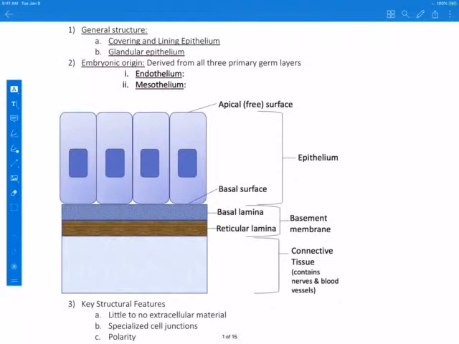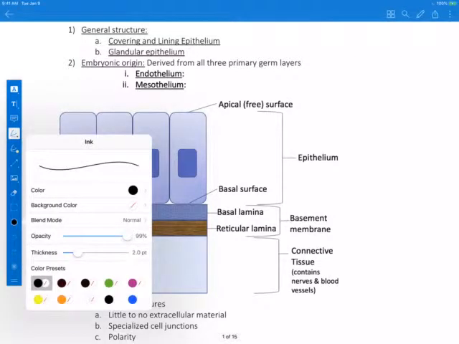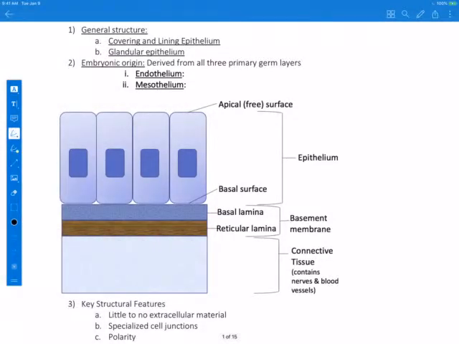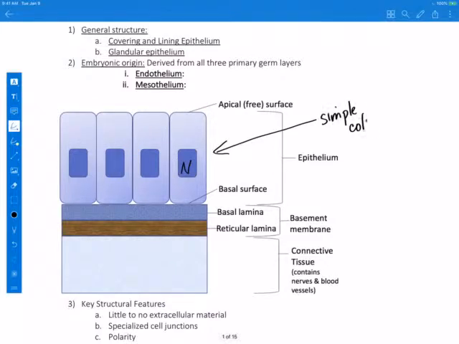And the reason I say that is because there's one layer of cells here, one layer of epithelial cells. The dark purple is the nucleus. It's a columnar shaped cell, and it's one layer, so we would call it simple columnar.